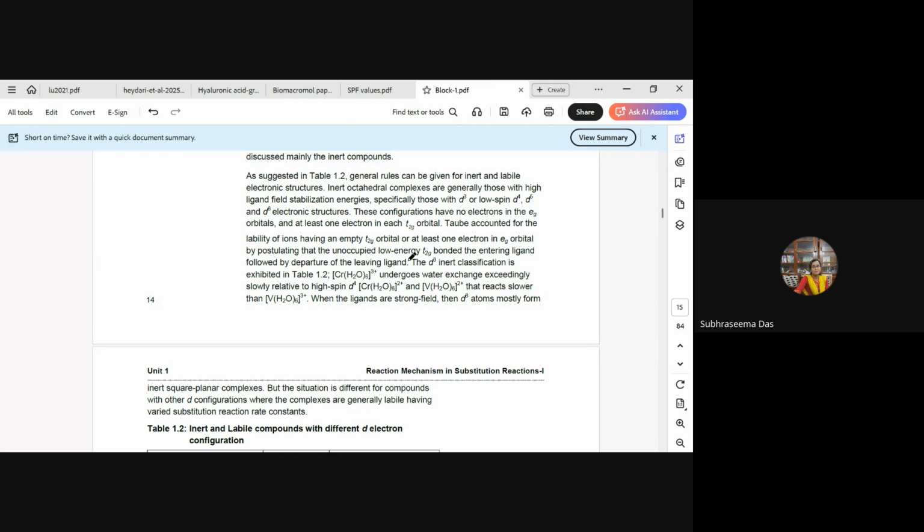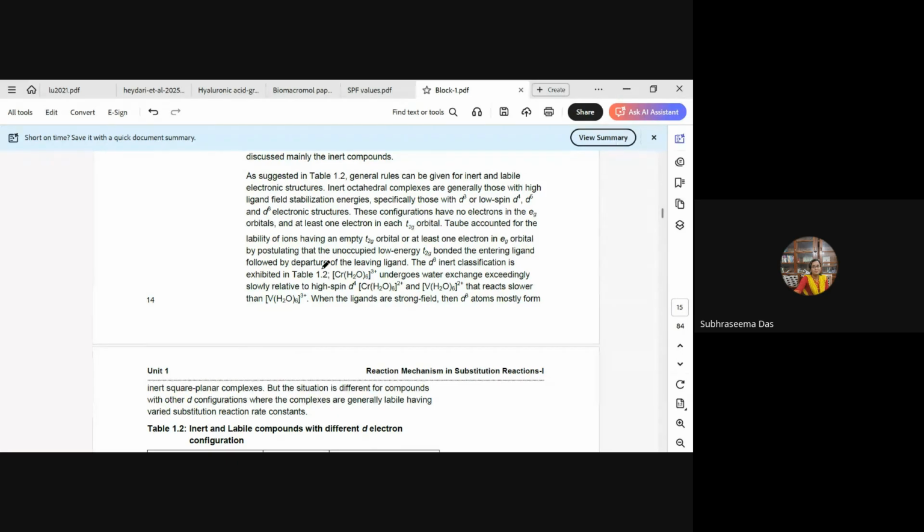Taube accounted for the lability of ions having an empty t2g orbital or at least one electron in the eg orbital by postulating that the unoccupied low energy t2g orbital bonds with the entering ligand, followed by the departure of the leaving ligand.